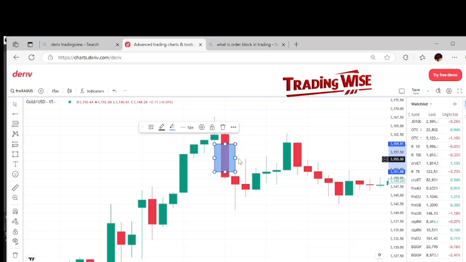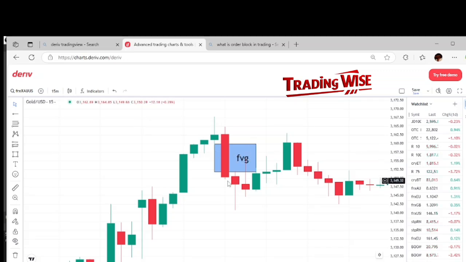Another thing you should know is that we have a fair value gap. Let me write FVG, which is your fair value gap. I'm going to take this in here so you know that this whole point is your fair value gap.